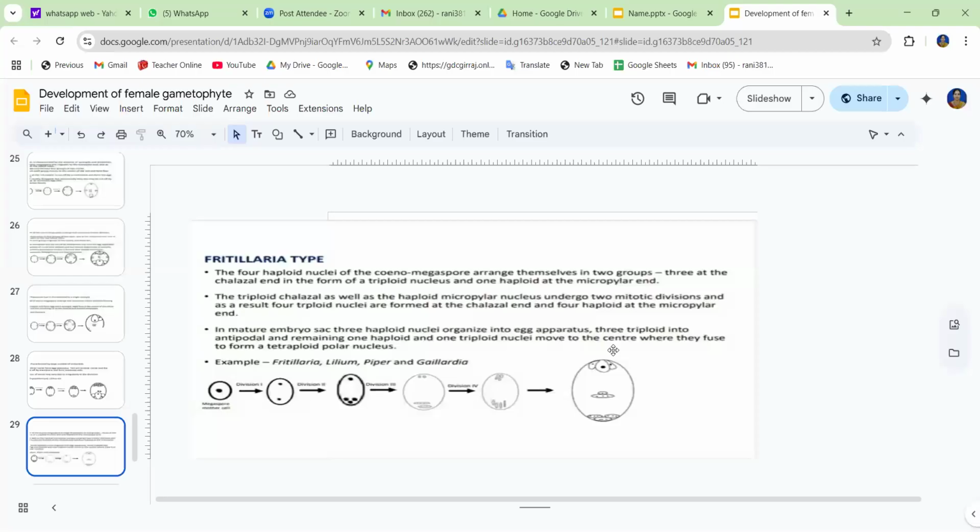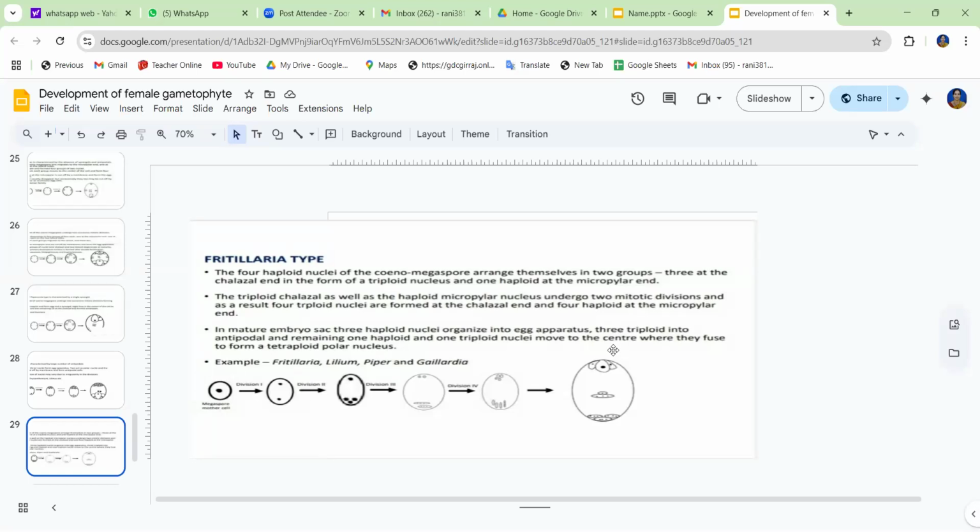So in this fritillaria, this type of development of embryo sac has been reported in many angiosperms, including lilium. In fritillaria and lilium, the behavior of the 4 megaspore nuclei is very peculiar. It's very different.